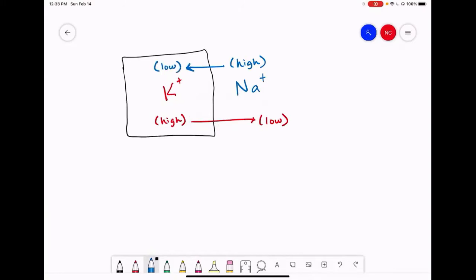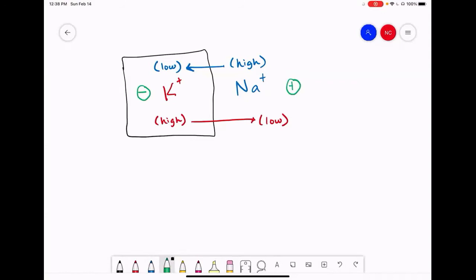So when we are considering membrane potential, we usually notice that the inside of the cell is negatively charged, so the outside of the cell is positively charged. I'll use green to indicate the charge on the inside of the cell and the charge on the outside of the cell.